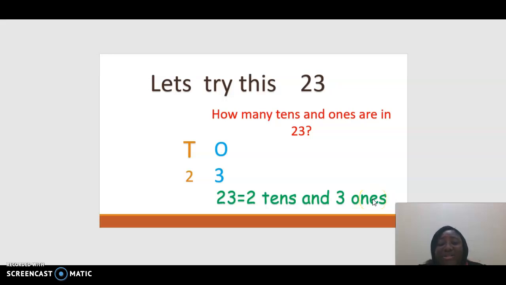How am I able to tell the number of tens? I just went and looked under my tens and I found the number 2, which tells me there are 2 tens. I looked under my ones and I found the number 3, which tells me there are 3 ones. Did you find that helpful?